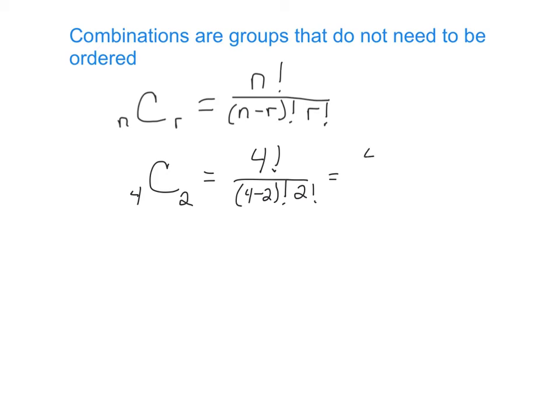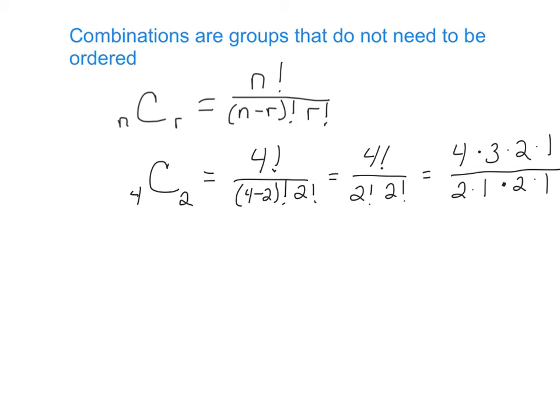So that's 4 factorial over 2 factorial, 2 factorial. So that's 4 times 3 times 2 times 1 over 2 times 1, which takes care of the first 2 factorial, times 2 times 1 again. And we can cancel out here. This and that one will take care of that, which will leave us with 12 over 2, which will once again give us our 6 toppings.